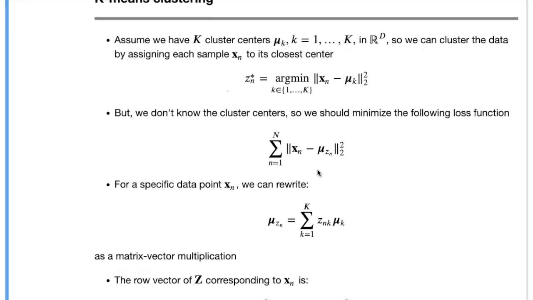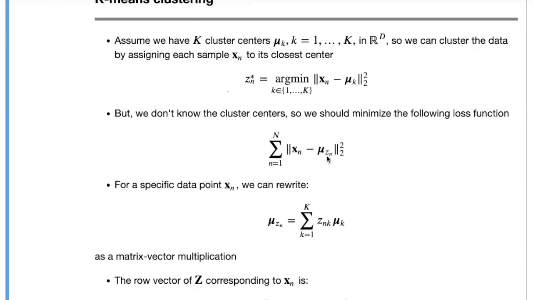We can form a loss function very similar to what we have done before. So we're going to find the distance between each x_n, where n is the sample index, and the closest cluster center.